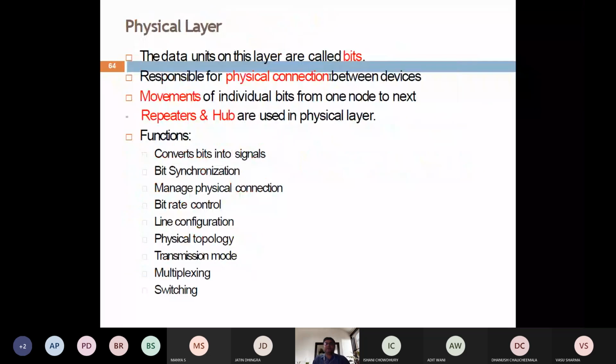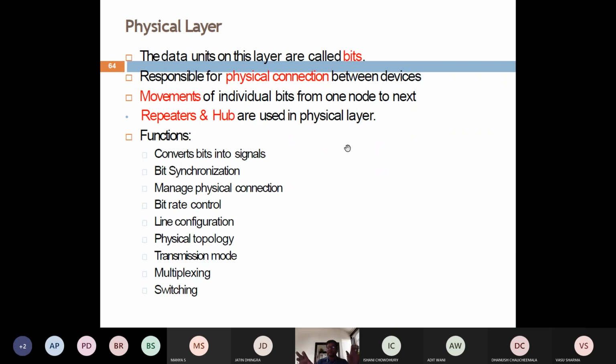Now we can start with the physical layer. In the physical layer the data is in the form of bits, and it is responsible for the physical connection between devices. It has to establish the physical connection between devices.